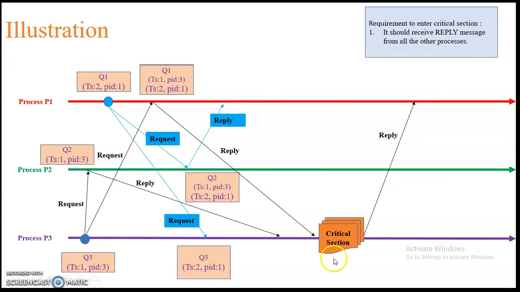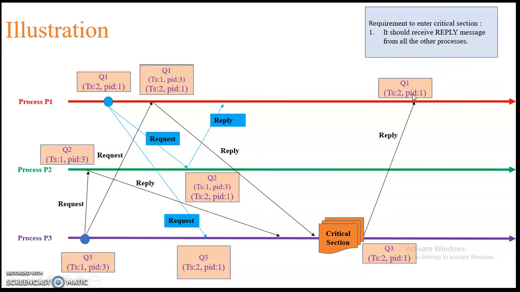Once the critical section has been used by process P3, it will release it. When it releases it, it will send a reply message to process P1 saying that I am done using the critical section, now you can use it.